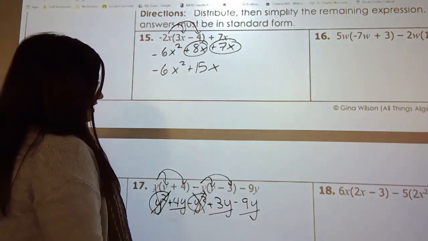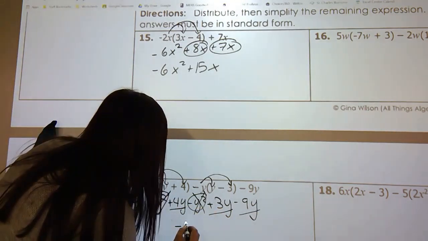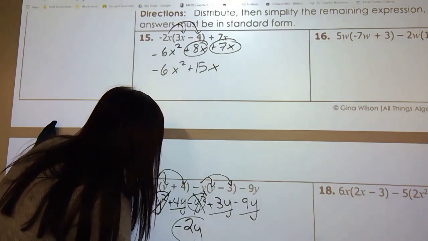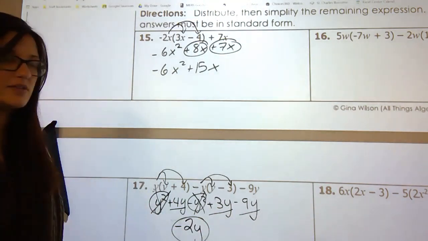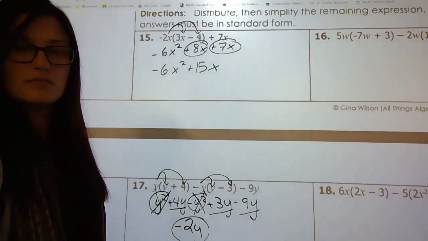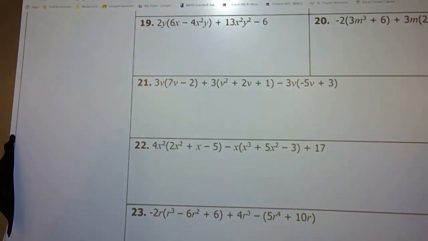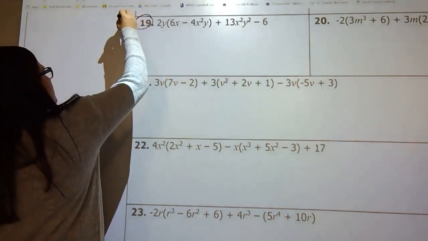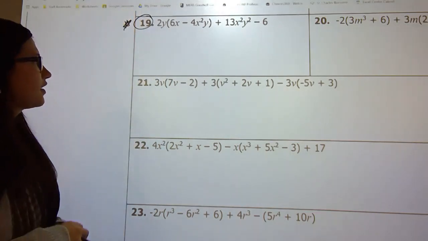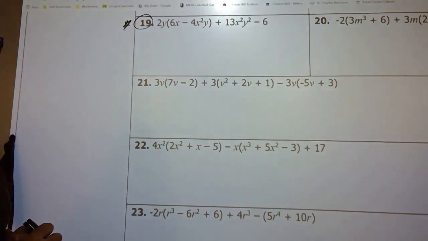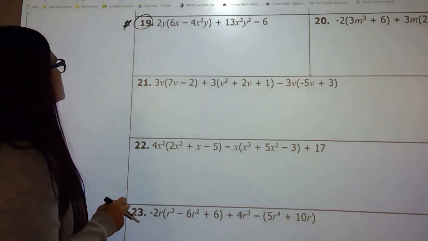So 4 plus 3 is 7, minus 9 is negative 2y. And that's my answer. Okay, I'm going to leave number 19 for you guys to do. Okay, I'm gonna do number 21 and so on.